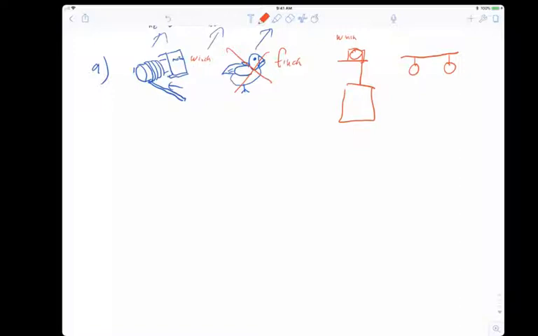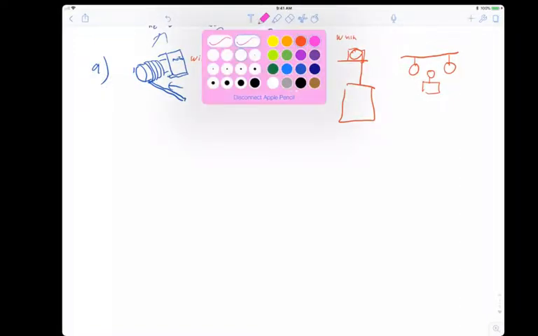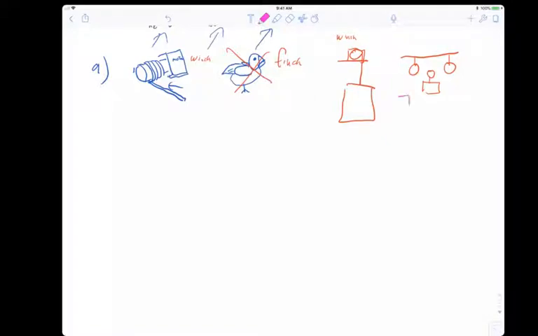And there's another pulley here. And there's a weight here.